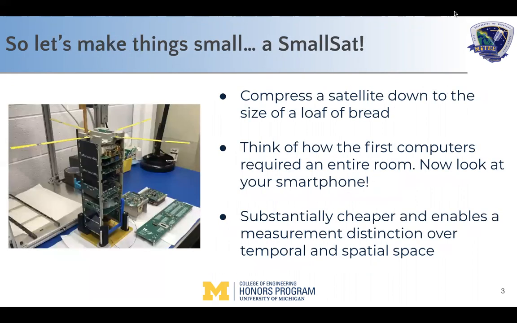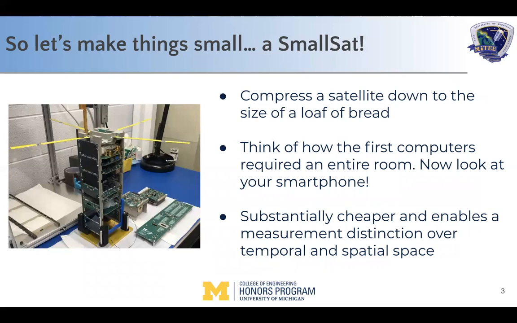So there became this different idea: instead of creating this massive satellite that holds several instruments, why don't we scale everything down into a small sat? As you can see in the image to the left, we can compress a satellite down to the size of a loaf of bread or even smaller. The satellite you see on the left is a 3U CubeSat, and the U is a standard measurement that is 10 by 10 by 10 centimeters. This is made possible by the scaling of modern electronics.